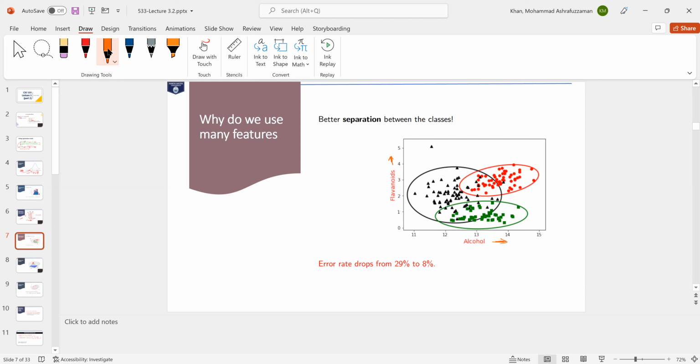And after he used two features, he found that the error drops from 29% to 8%. So that means we need to be able to use not only univariate Gaussian, but also multivariate Gaussian. So it's showing early promise.